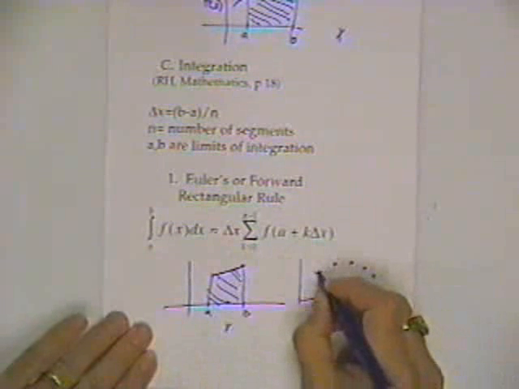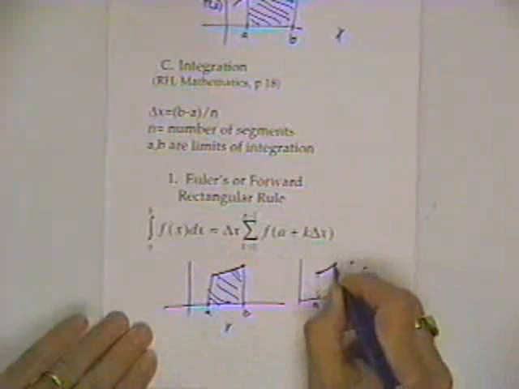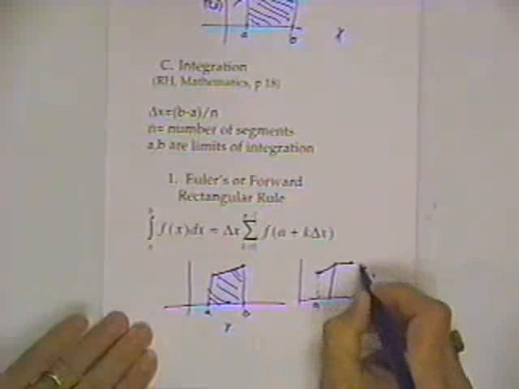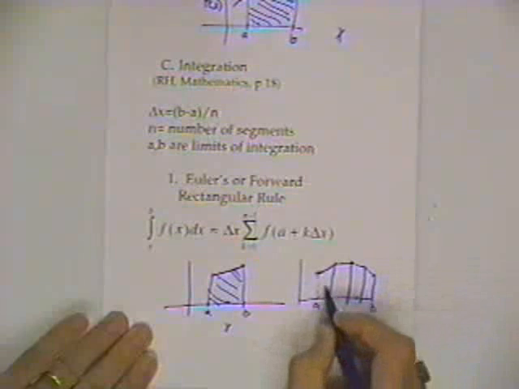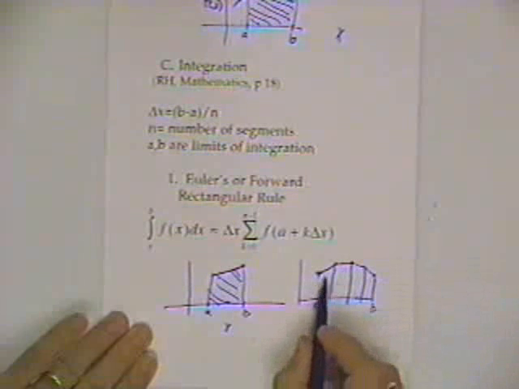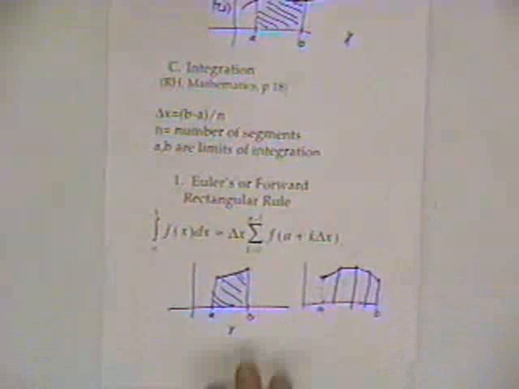So what this is actually doing is calculating the area under each of these subintervals and then adding them all up to come up with the area under the entire curve.